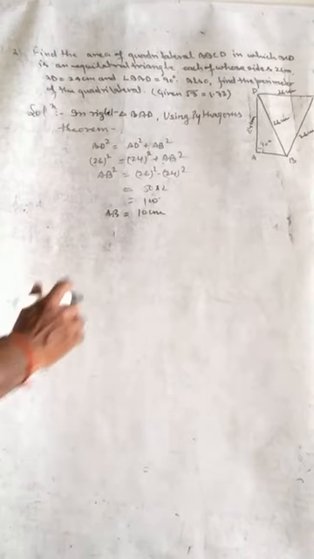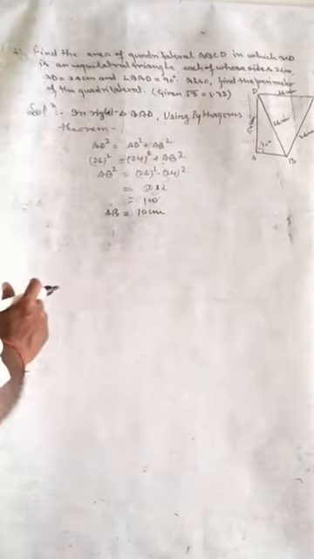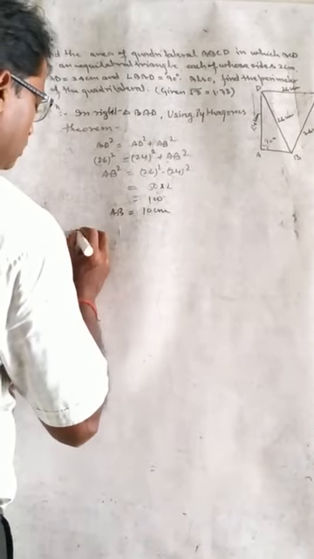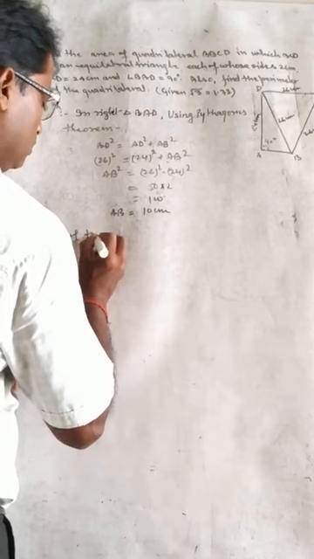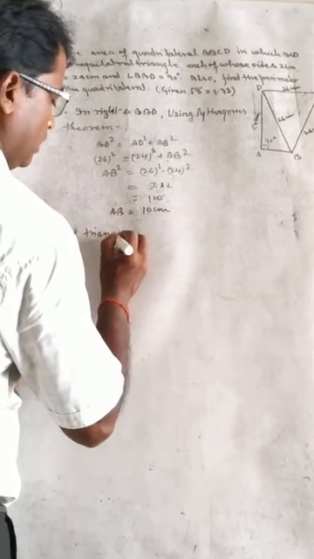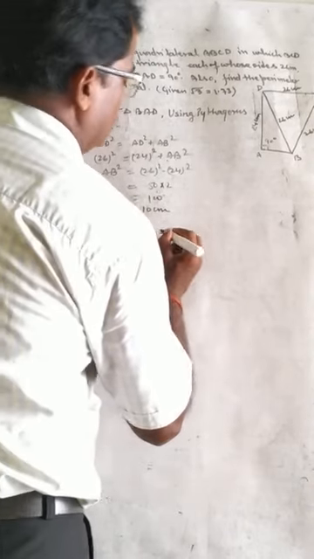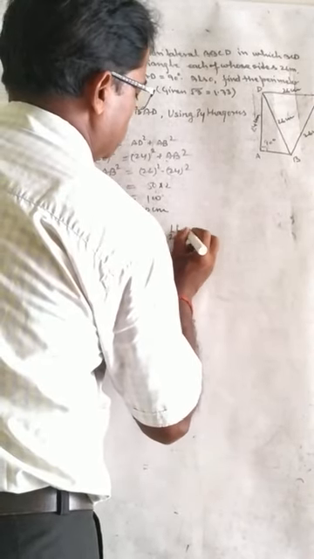Now you see, area of triangle ABD. Area of triangle ABD is equal to 1 by 2 base into height.